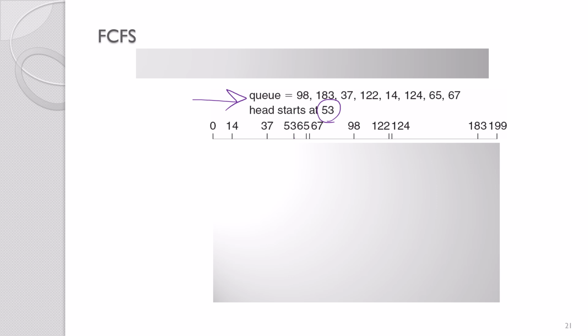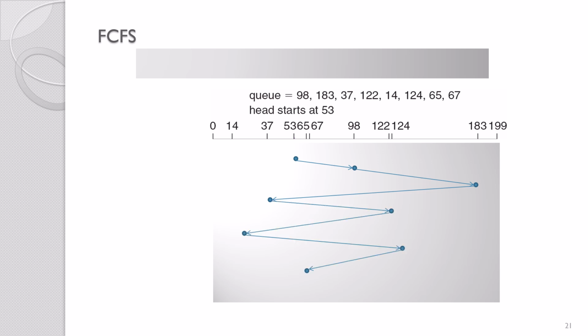If you're doing first come, first serve, you're just going to move along from 53 to 98 to 183 to 37 to 122 to 14 to 124 to 65 and 67. A hard disk is mechanical, so you can see that this is a lot of back and forth.